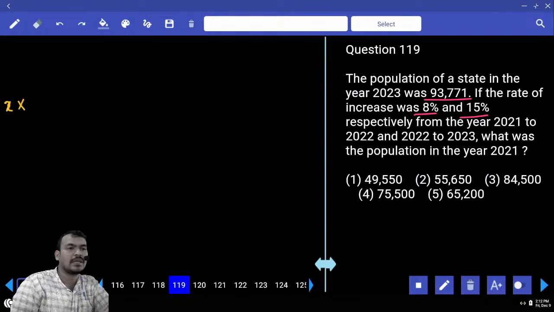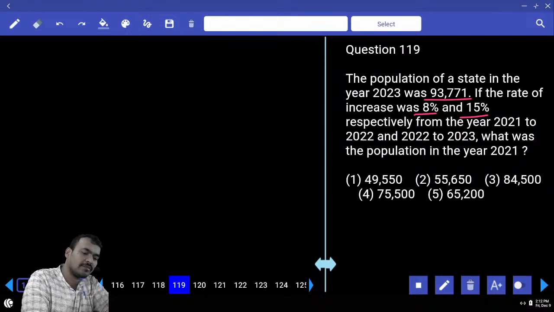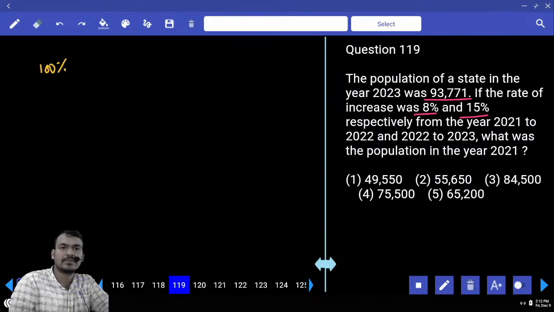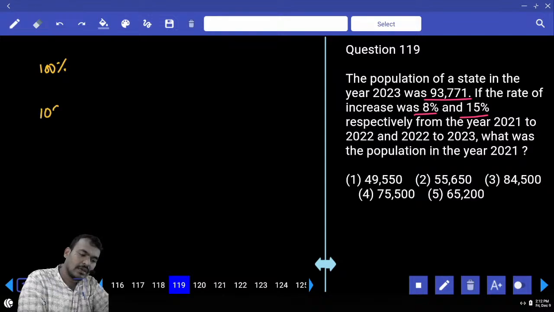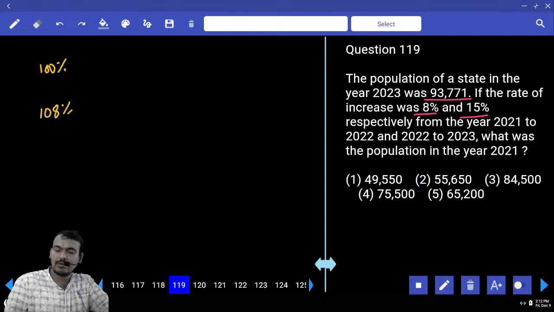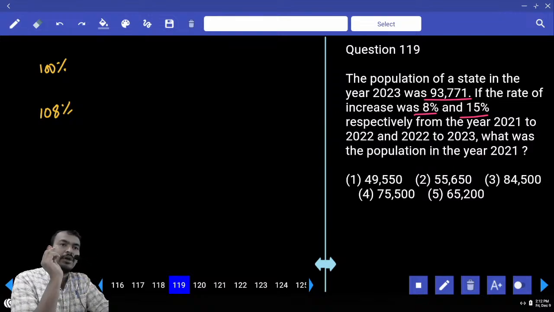In that, how much percent increased? 8%. Or simply, in place of X we consider 100%. First year 8% is increased, then we get 108%. Second year how much percent increased? 15%. What is 10%? 10.8. 5%? 5.4. 10.8 plus 5.4 is 16.2.